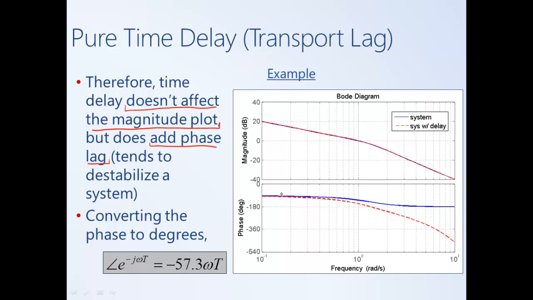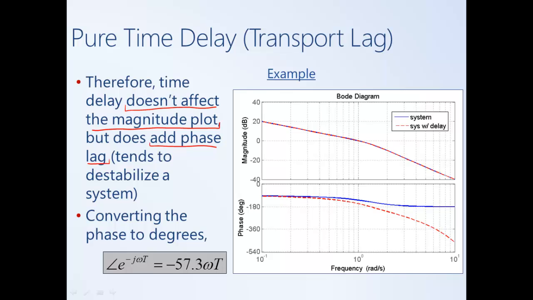At low frequencies, when you add the pure time delay to the phase of the original system, you're not adding a very large number, you're basically adding 0. But as omega gets larger, you're adding more and more phase lag. And what you see happens is it basically eats away at the phase margin.